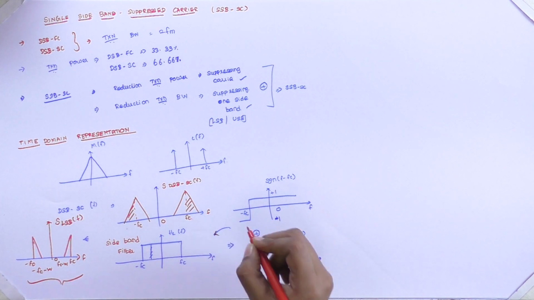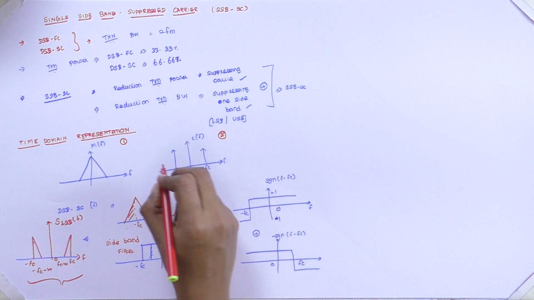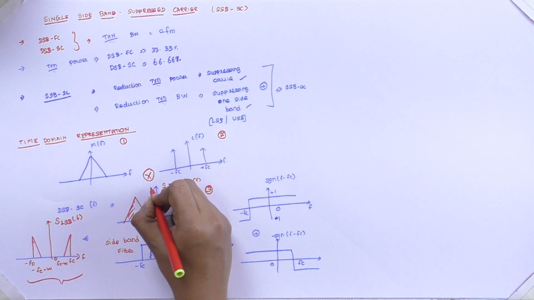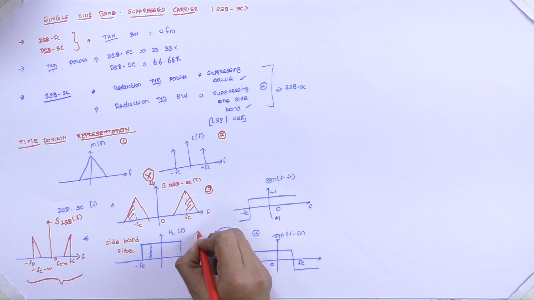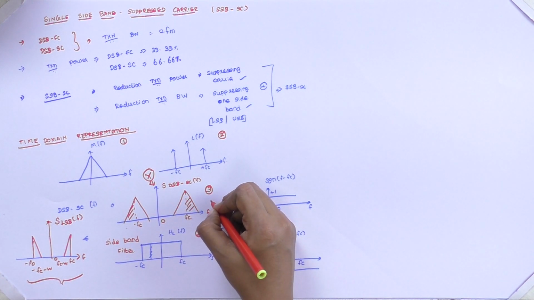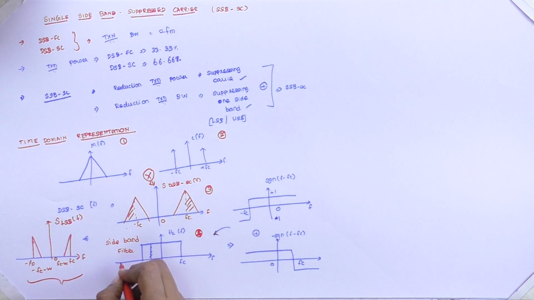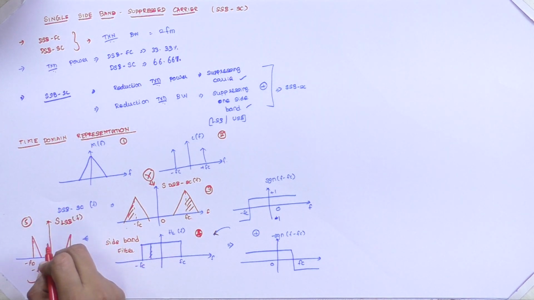Now we are going to see the first waveform. This is our message signal, this is our carrier signal. By combining the message signal and carrier signal using the product modulator, we are getting the double sideband suppressed carrier waveform, and by passing this fourth waveform via a sideband filter, we are getting the single sideband signal having only the lower sideband.